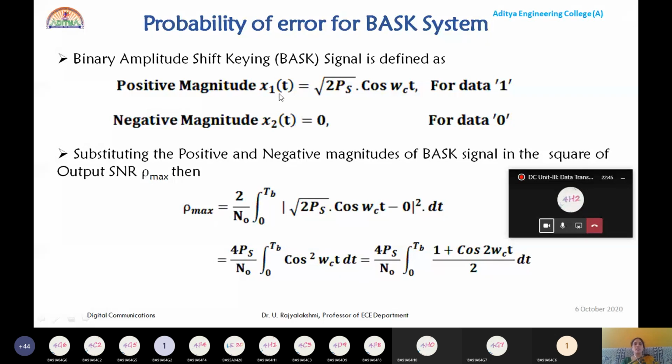Take x1 of t as root 2Ps into cos omega ct and x2 of t as 0. I request all the students to kindly solve this expression and tell me what the rho max square of output SNR will be. Go through your material notes and solve this on your own.